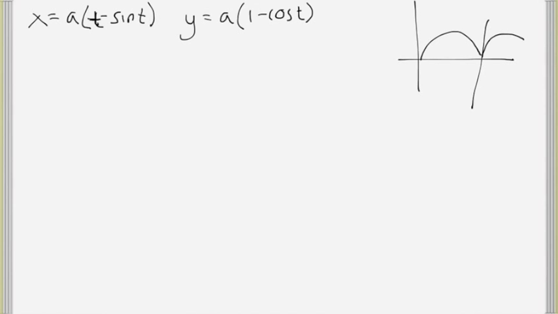I would just plug in a is 1 and see what happens, or plug in a is 2 and see what happens. It turns out that all of the bumps are going to land at the same place, and what that a is going to do is make the curve either taller or shorter, but they're all still going to land at the same place, which is 2 pi. Okay, so it's going to take 0 to 2 pi to draw one arc, and all that a is going to do is make the arc either taller or shorter.